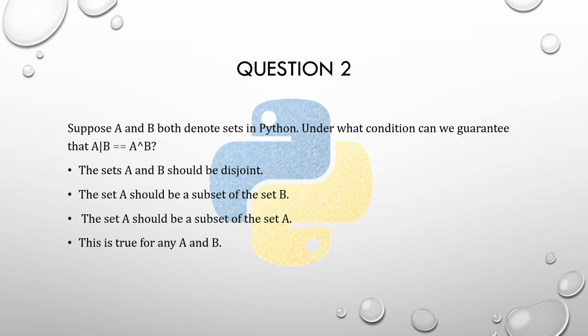If A has 10 numbers and B has 10 numbers, where five are matching, those matching 5 will be removed, and the rest of the 5 from A and the rest 5 from B will be taken. Since those are unique, there in A but not in B, and in B but not in A, that will be my final set, my XOR.